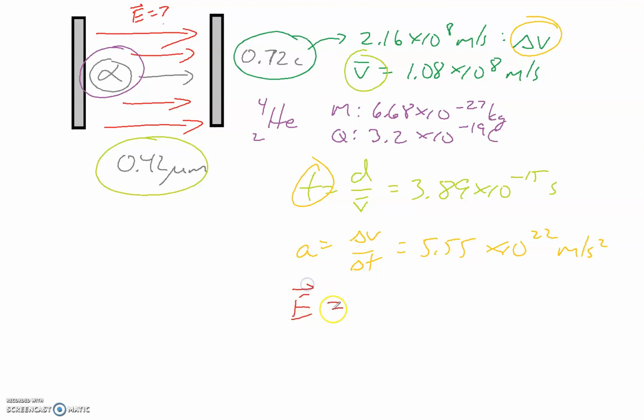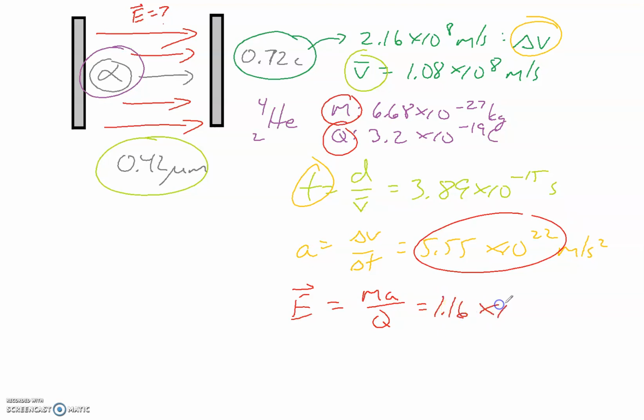Electric field is going to be the MA divided by the Q. Mass I've got right there, acceleration I've got right there, Q I've got right there. So I can punch them all out and solve for my electric field, and I should get around 1.16 times 10 to the 15 newtons per coulomb.